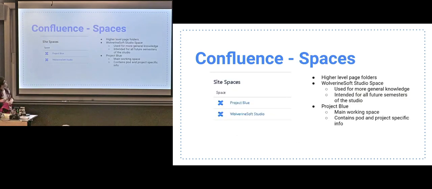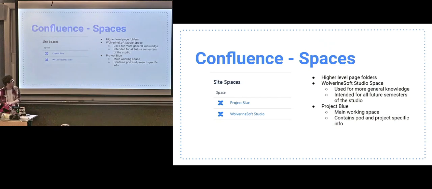So, spaces. We have two spaces in our Confluence: the WolverineSoft Studio space and then the Project Blue space. The WolverineSoft Studio space is for higher level things about the studio, maybe a write-up on animation in general rather than how to use the 2D animation package that we'll be using for Project Blue.